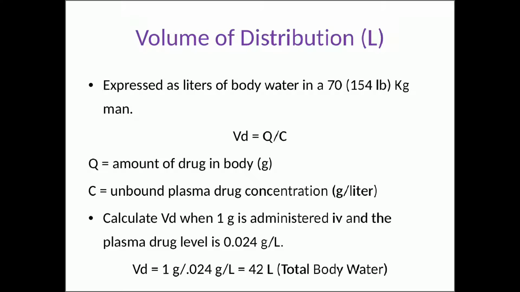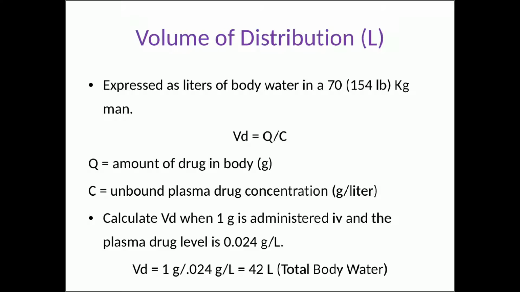Now how can we calculate the volume of distribution, which is described by using capital V? It is expressed as liters of body water in a 70 kg man. This is the ideal value. It may vary from subject to subject, but for ease of calculation we are considering a 70 kg person.